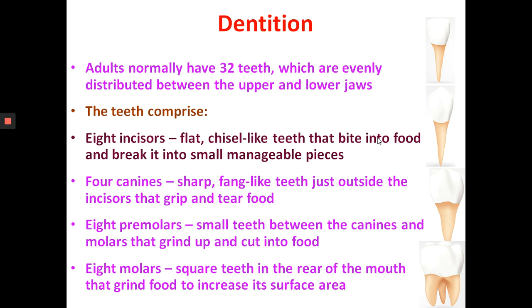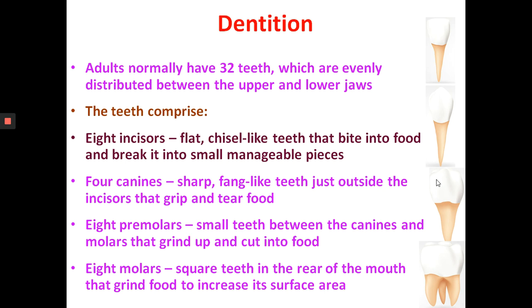You cut the food into small pieces using these incisors. Then four canines, very sharp, fang-like teeth just outside the incisors that grip and tear food. In meat-eating animals like the dog, you can see very sharp and pointed canines. We don't have that type of pointed canine because we are not basically meat eaters.